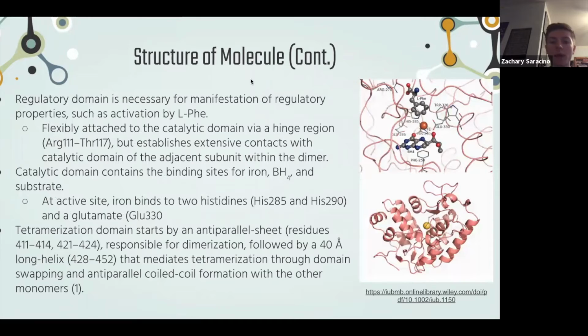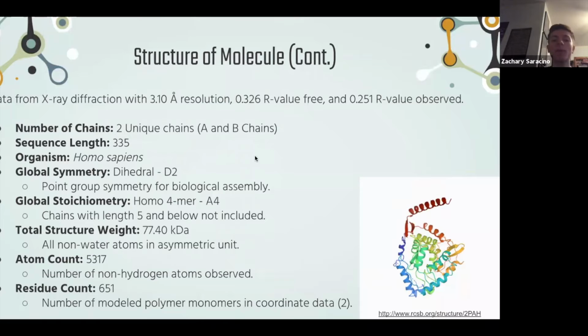This is detailing more of the interactions between the amino acids and the substrate, as well as the iron and the BH4. This is the actual output I got from the PDB code I used, and it's an X-ray diffraction image.